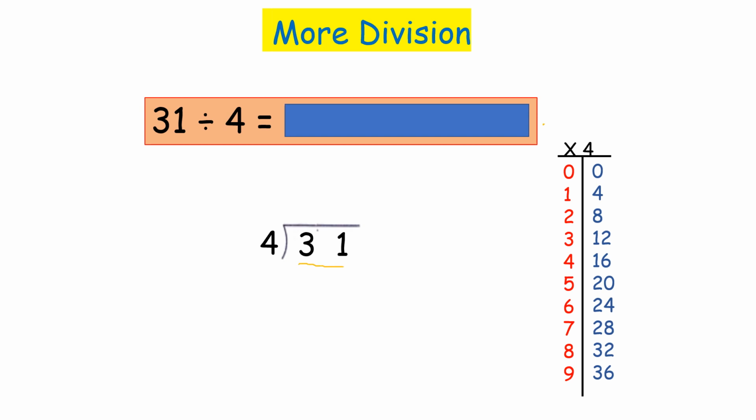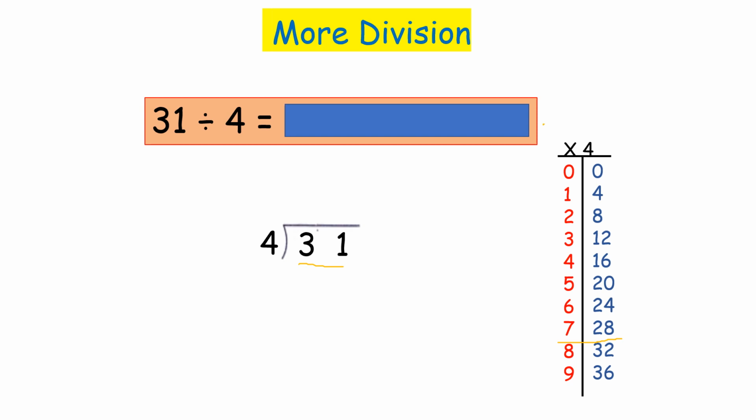Find 31 in the numbers with blue color. There is no 31, so we have to find the number that is less than 31. Here it is 28. Underline until 7, the number with the red color.